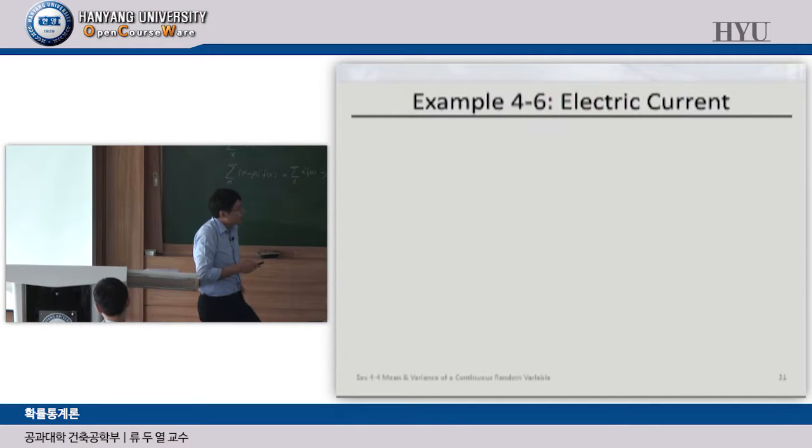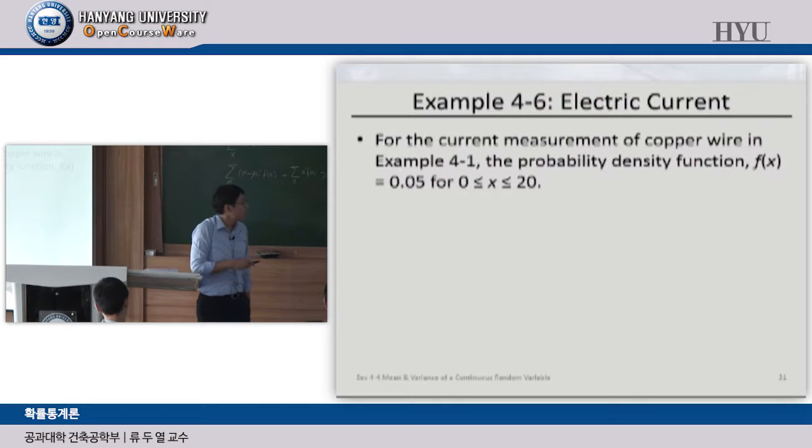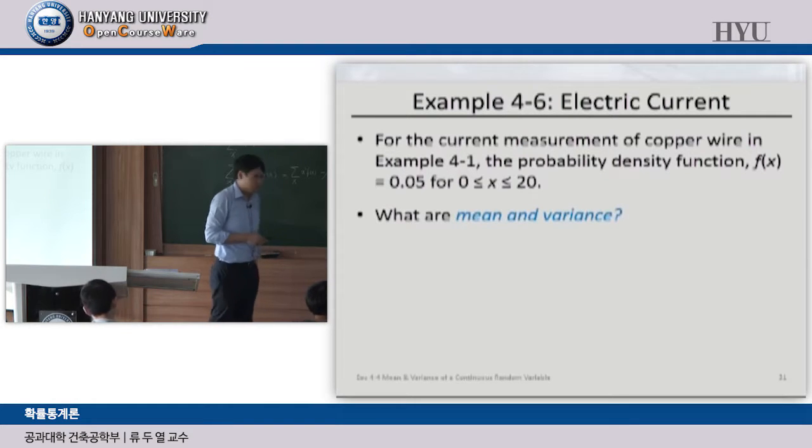So this is the example. For the current measurement of a copper wire, in the previous example 4-1, the probability density function f(x) is equal to 0.05 when x is between 0 and 20. And what are the mean and variance for this case?